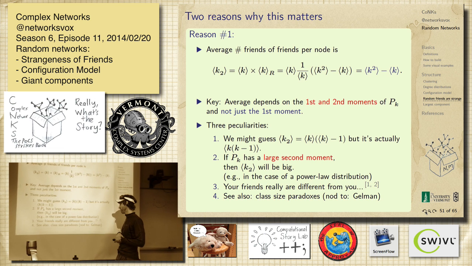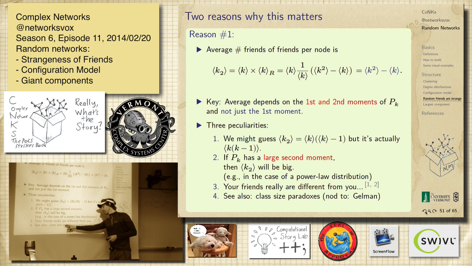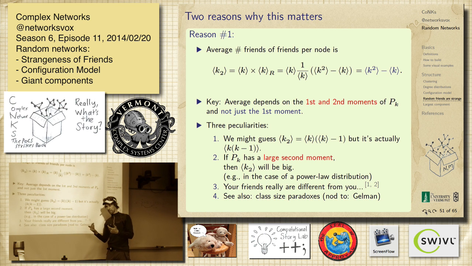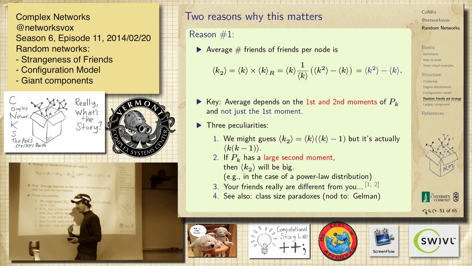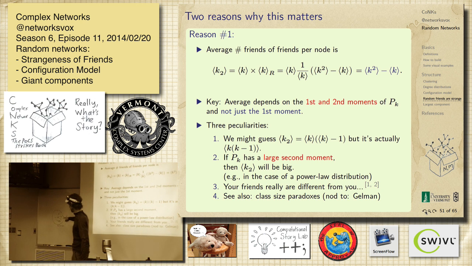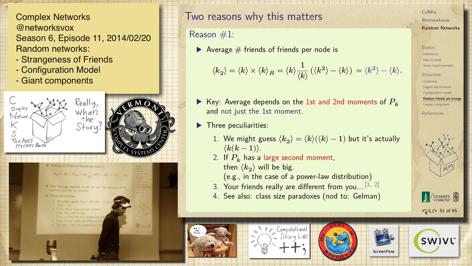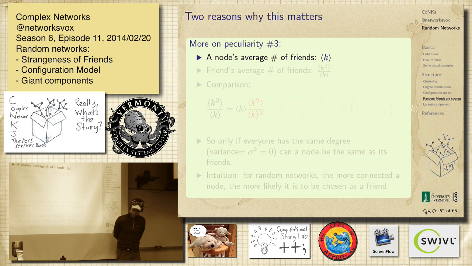Your friends are strange. Okay, in statistics you might call it the class size paradox. You're selecting nodes based on their number of friends. They're all just individual people, but you're selecting them based on their size. Just a little extra thing to think about here.